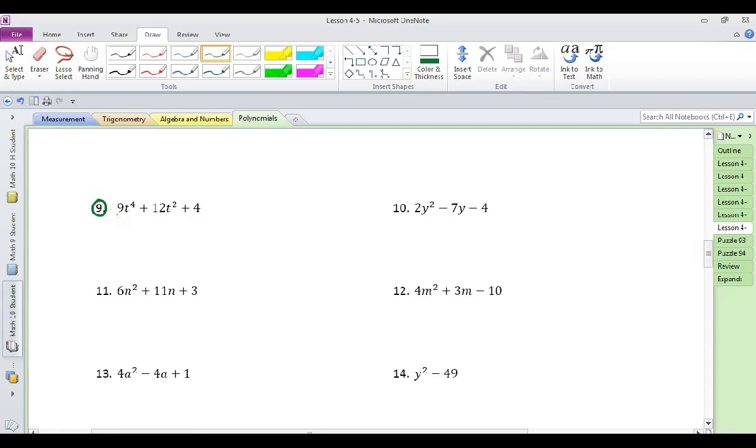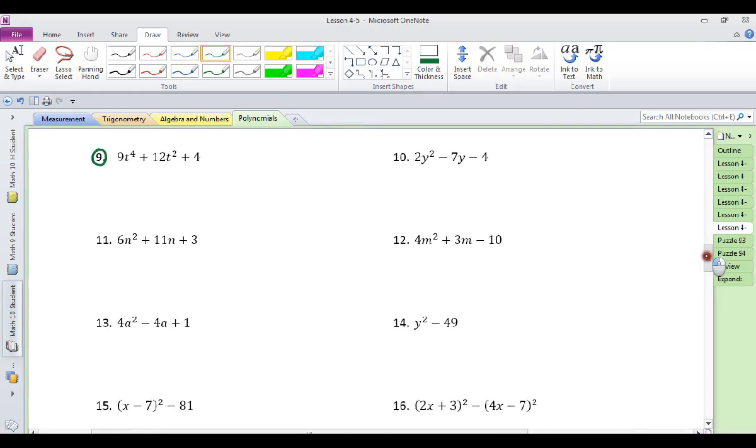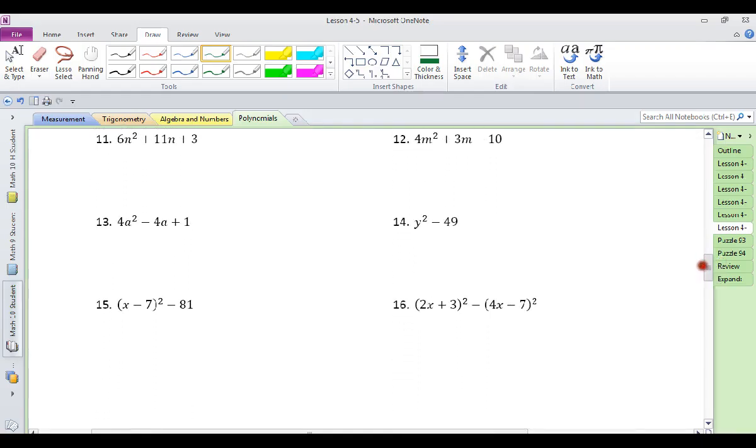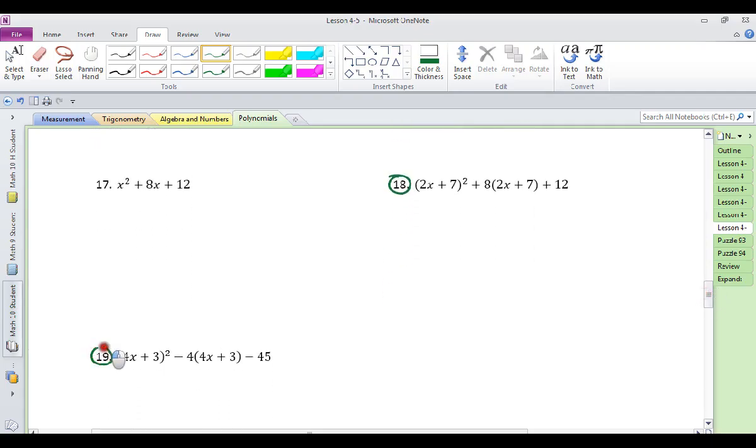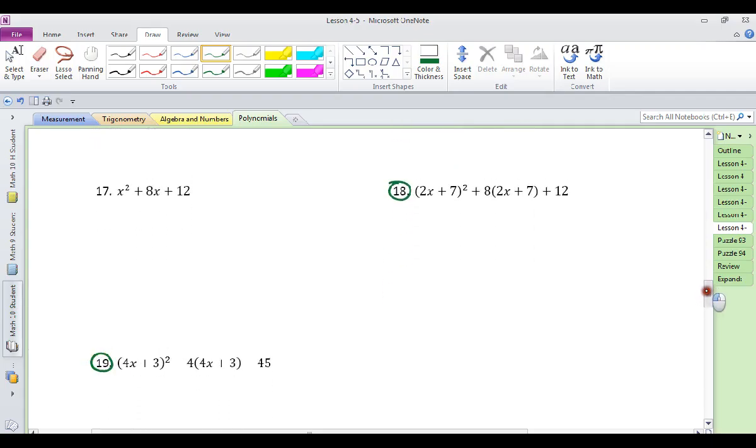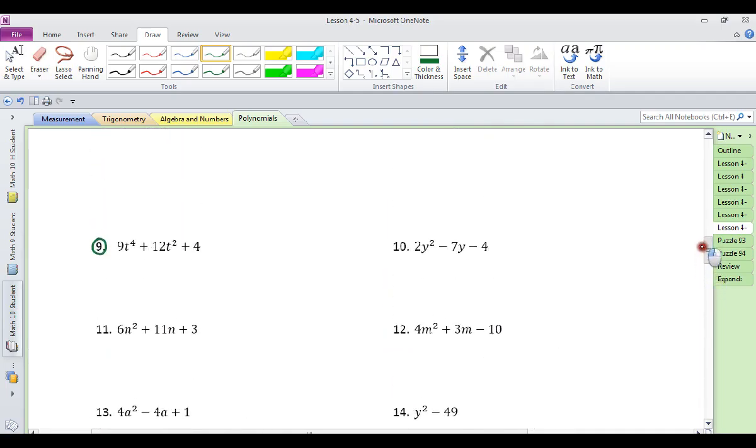Turn your page over. I'm going to circle all the special ones that we're going to work through right now. These are the ones that we're going to work through, okay? Together.